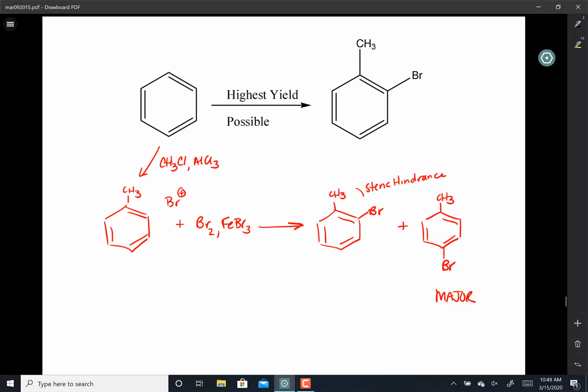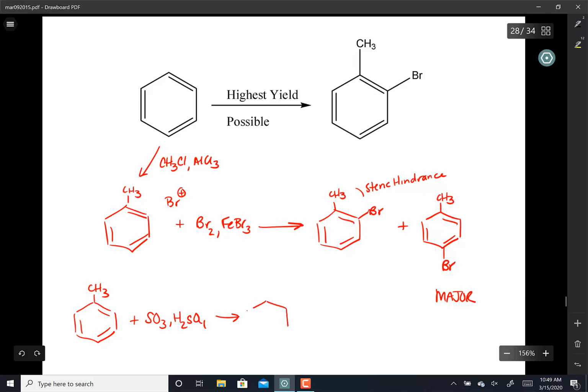So what I'm going to do instead is block the para position and force the bromine to go ortho. So here is how we would do that. We would take our toluene and we would add to it SO3H, H2SO4.